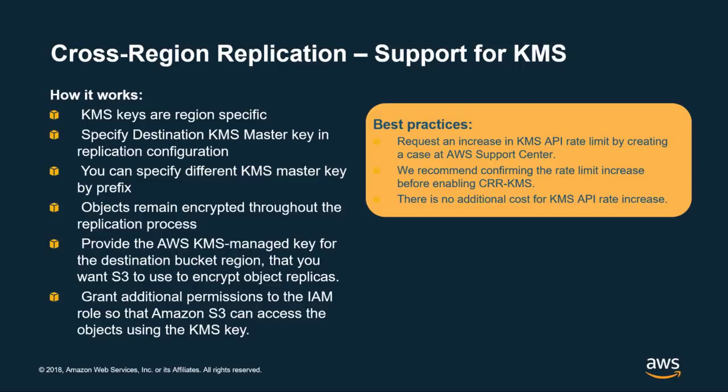What you can do to address this is request a KMS API rate increase via support. There's no additional cost for this. It's just something you need to go and request. So use KMS, but be aware of potential throttling and look for it. Upfront, before you typically use it, we'd recommend opening a support case and increasing the limit by default.